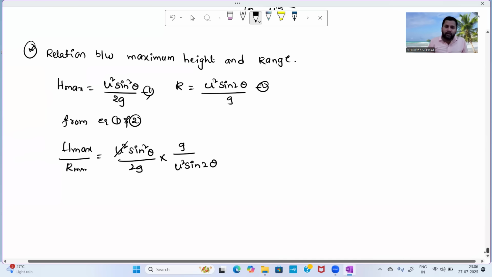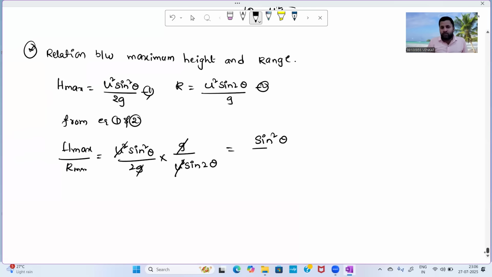Anything cancelled here? Yes, u square gets cancelled, g gets cancelled. Then we get sin square theta by 2 sin 2 theta, and I am writing sin 2 theta as 2 sin theta into cos theta.